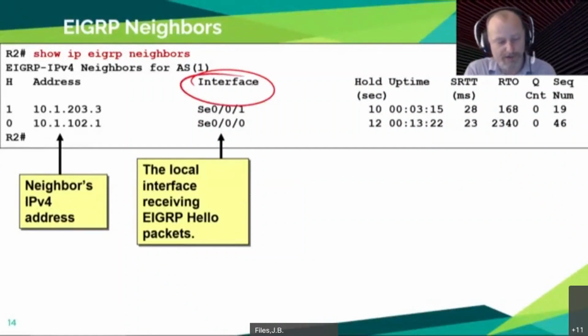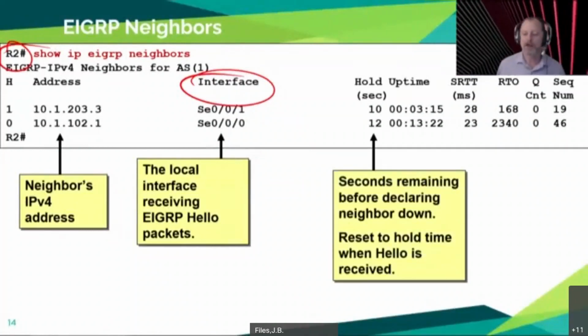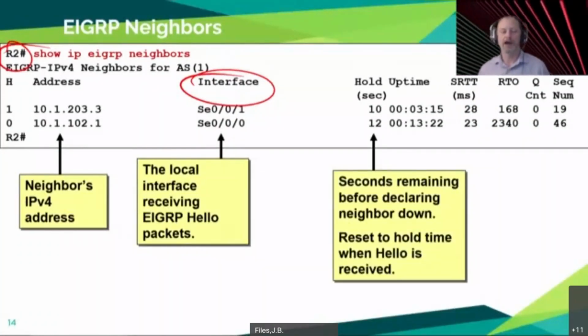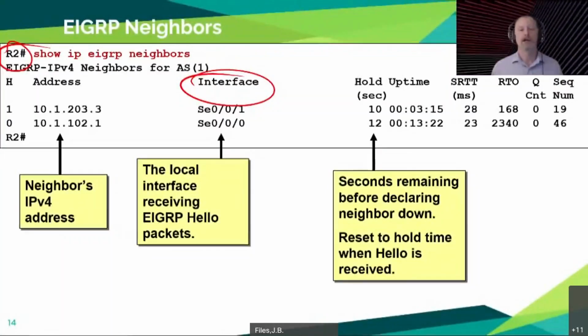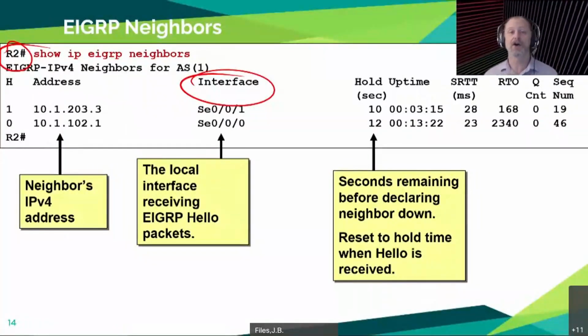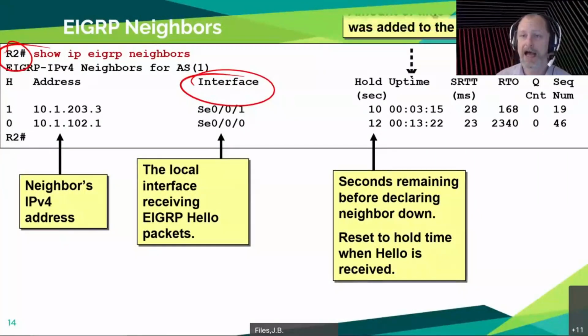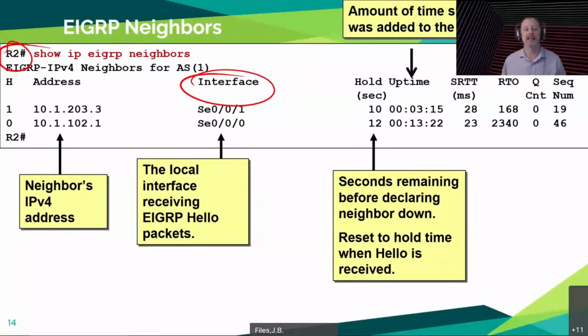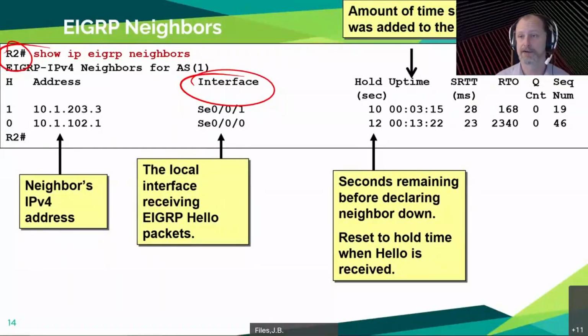This is our interface that we issued the command on. This is how long the hold timer will stay up. Remember, that's counting down, and if it reaches 0, that means we've missed enough hellos that we're going to consider that neighbor down. Okay. How long this neighbor has been in the neighbor table gives us a sense of stability, right?